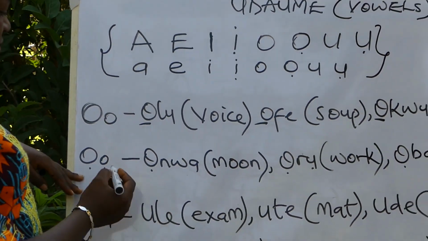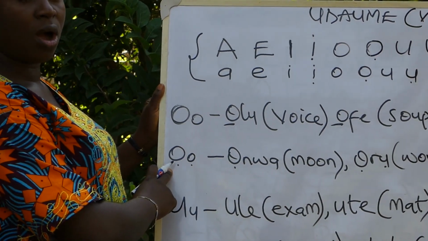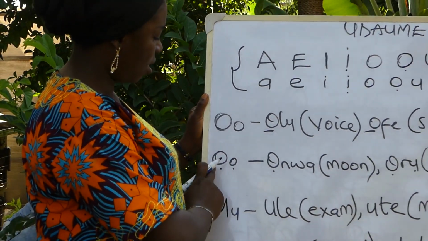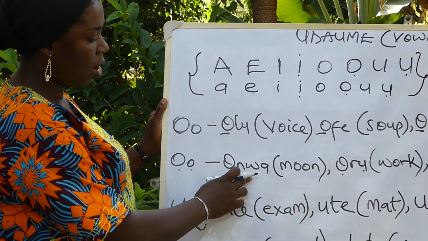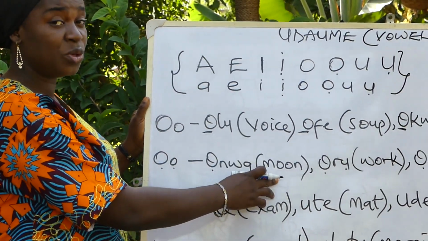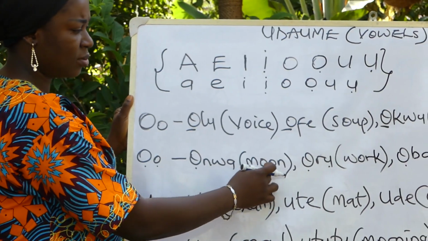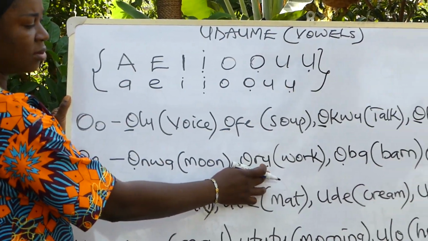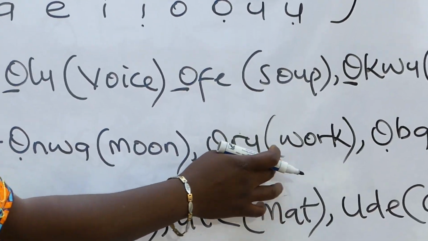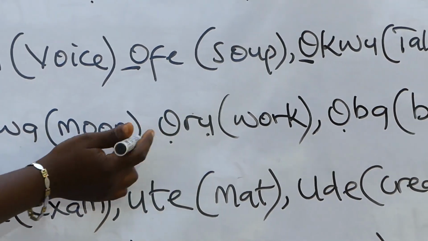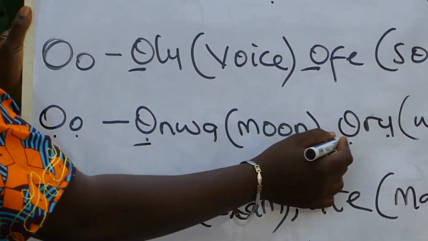Then we have ọnwa, moon. Ọrụ, work. Ọrụ, the vowel sound.